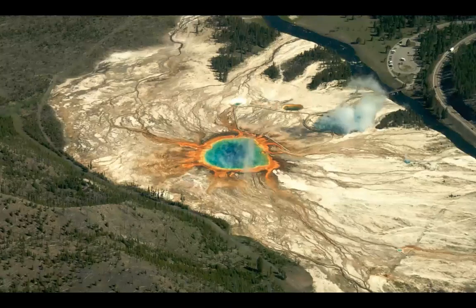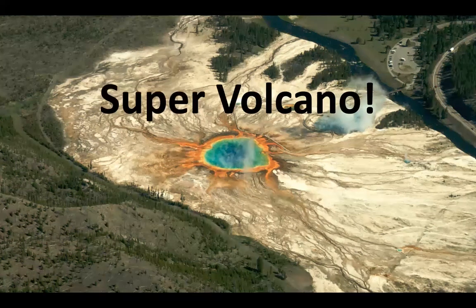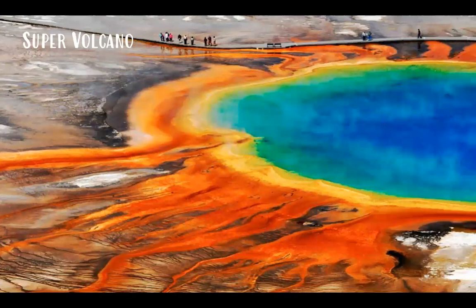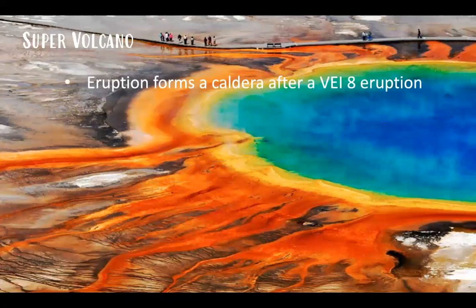All right, and then most people, when I showed pictures of this in class, knew this, or at least they do now. This is Yellowstone, and it is considered a supervolcano. So here's some cool things about supervolcanoes. They were once a mountain, a volcano that erupted, and they are considered supervolcanoes if the VEI is an 8 or above.